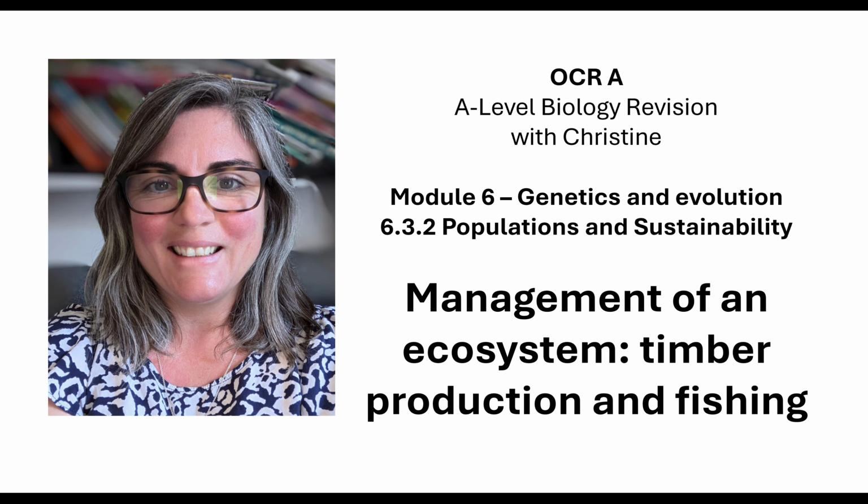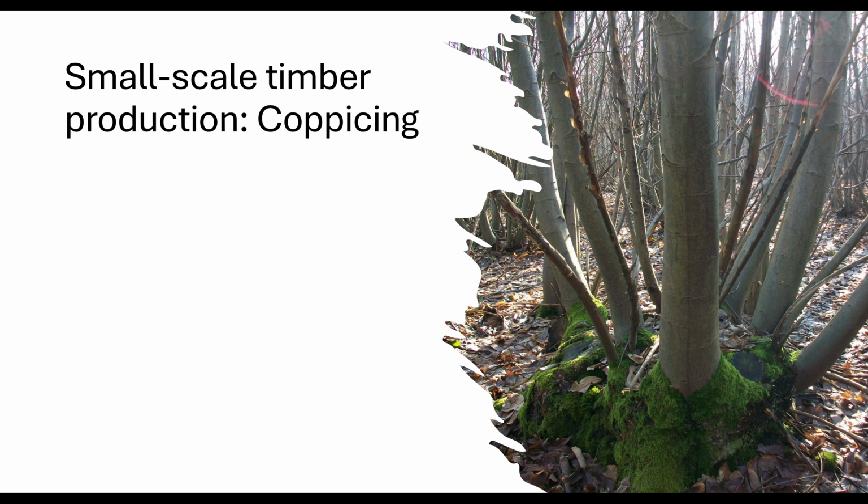So today's lesson, I want to look at your Module 6, Populations and Sustainability topic, and specifically looking at your timber production and fishing. So you should know that when we look at sustainability and we talk about small-scale timber production, we want to talk about a process called coppicing.